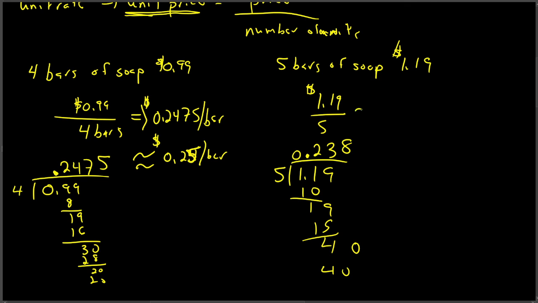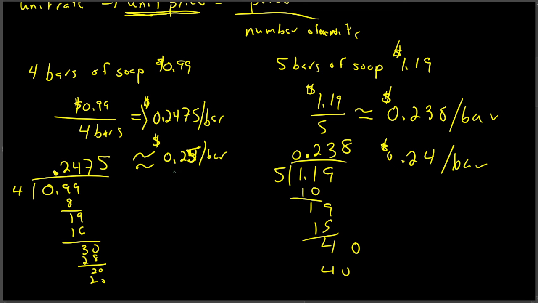And so the unit price here is $0.238 per bar, or about 24 cents per bar. And so I save about a penny per bar if I buy the 5-pack. And so this is our introduction to rates and unit rates. We'll hopefully be using this to add to our mathematical knowledge.